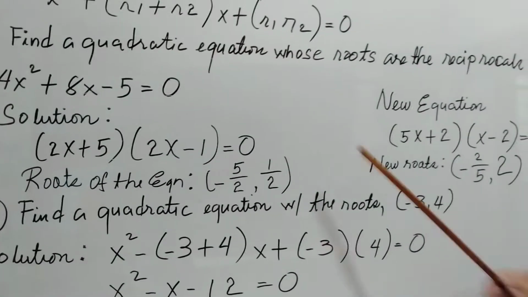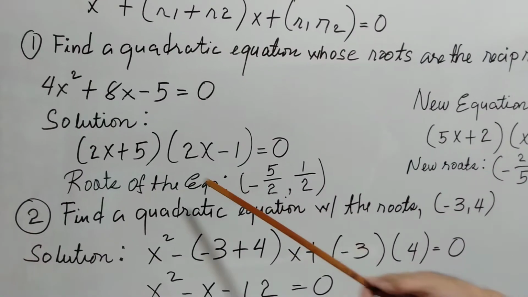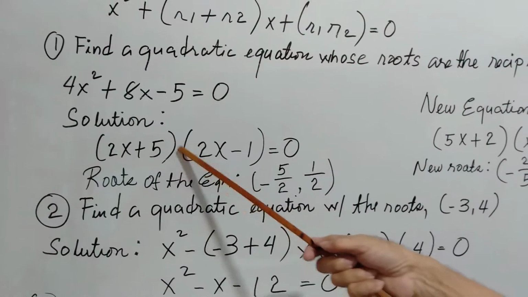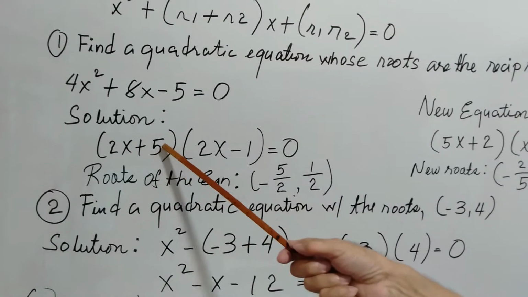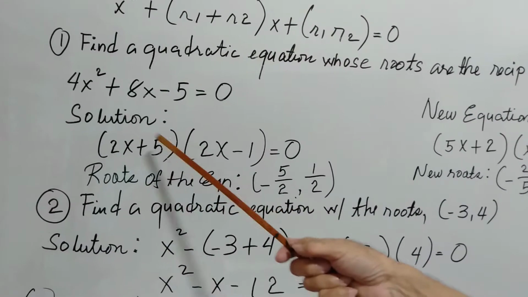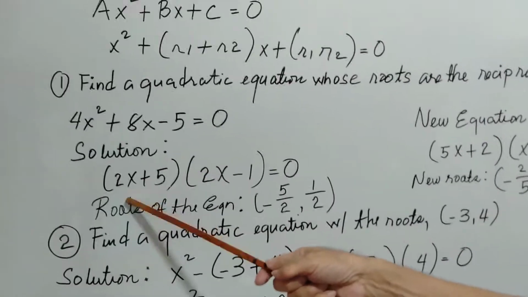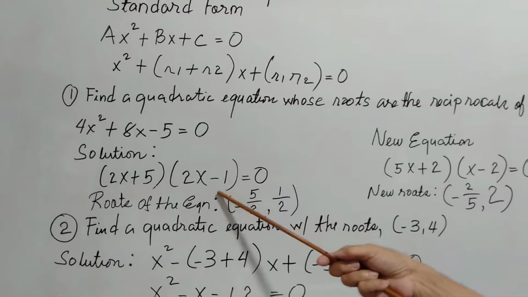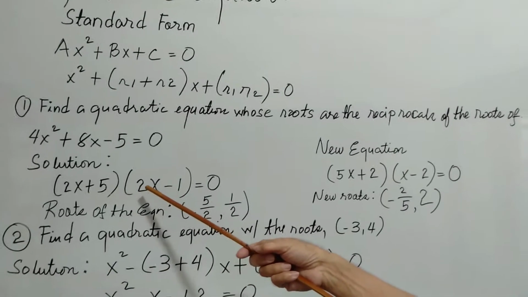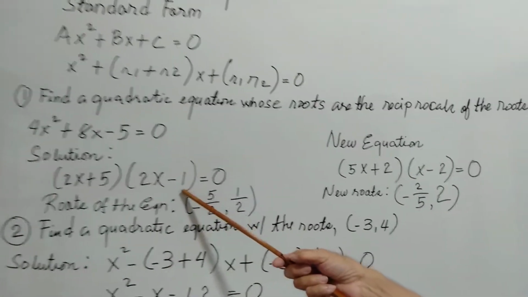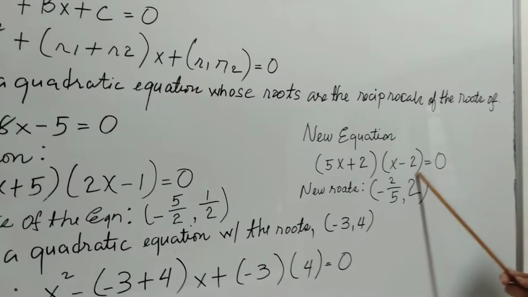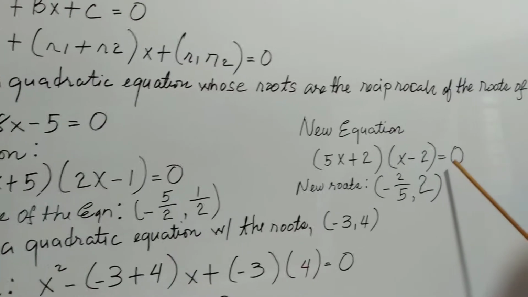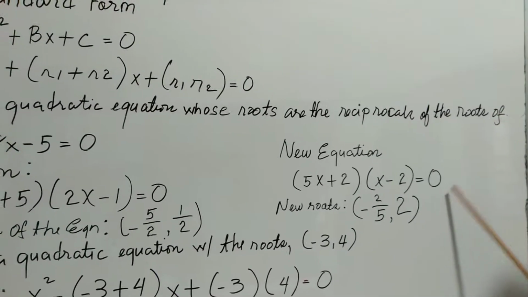So after that, we exchange the place of the constant and the coefficient of x here. So this one becomes 5x plus 2, and this one, we also exchange the places, so that will be x minus 2, and that will also be equal to 0.